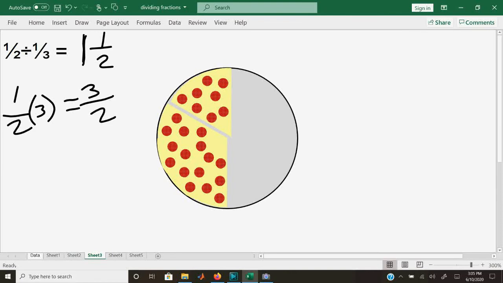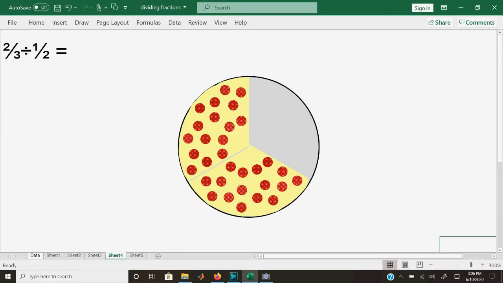So again, I can multiply by my reciprocal if I think of 3 as 3/1. So the question, how many thirds are in 1/2? What is 1/2 divided by 1/3? There are 1 1/2 thirds in 1/2.